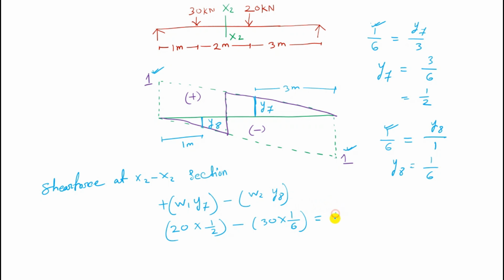So this is 10 minus 5, that is 5 kilonewton. So the answer will be 5 kilonewton. At section x2, the shear force value will be 5 kilonewton.